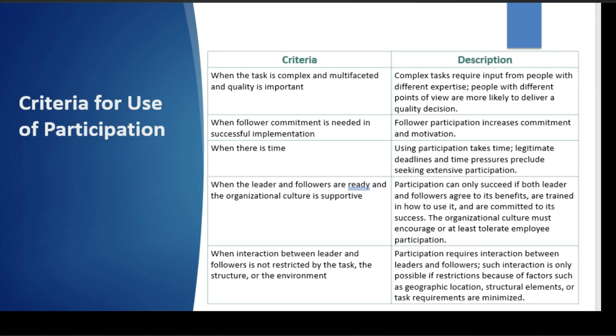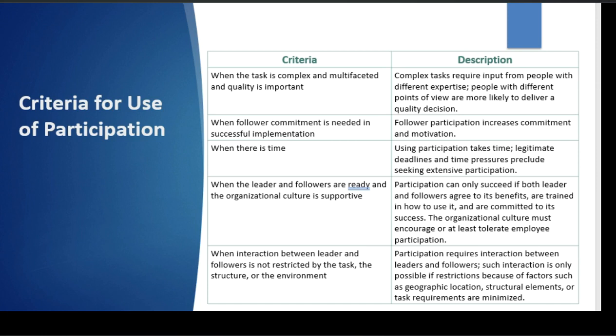Another criteria to consider is time. Participative management takes time. There need to be established rules and deadlines. In addition to time, another criteria that companies need to consider is whether or not the leaders and followers are ready to implement the participative management style, and if the organizational culture can support this plan.